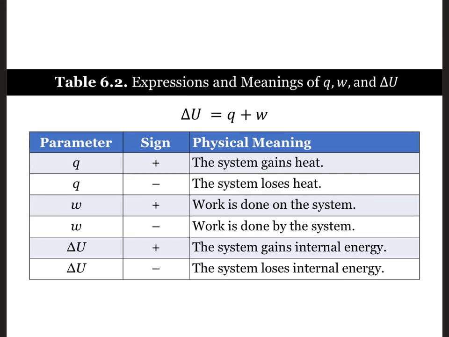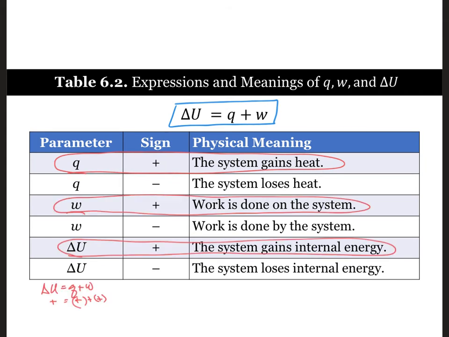Most commonly, when we need a value for delta U, we'll calculate it in terms of the heat gained or lost and work done on or by a system, rather than using absolute internal energies. We can quickly see that if the system gains heat and work is done on the system, that delta U will be positive from the two energy inputs.